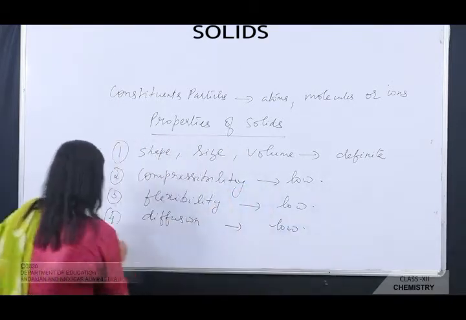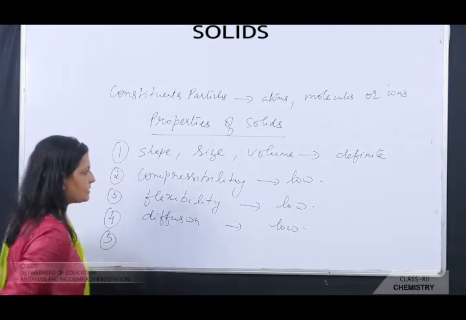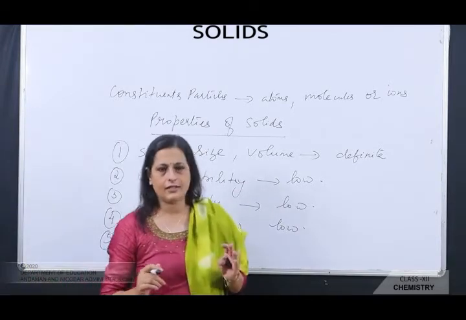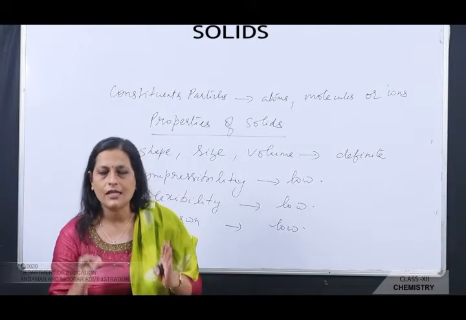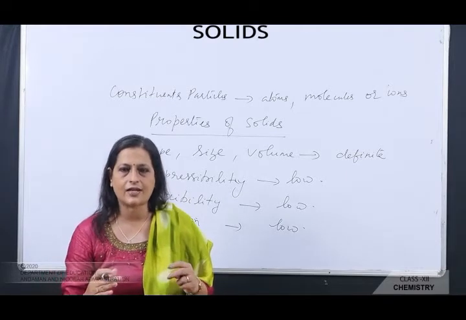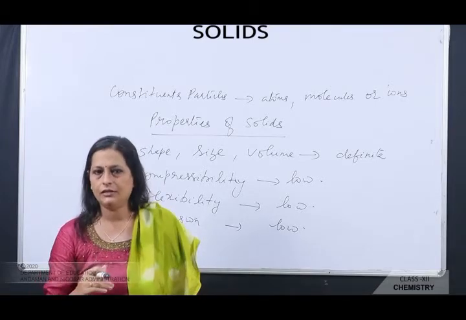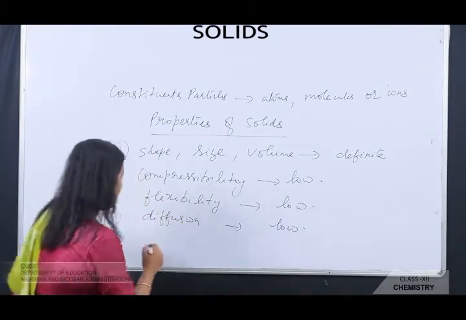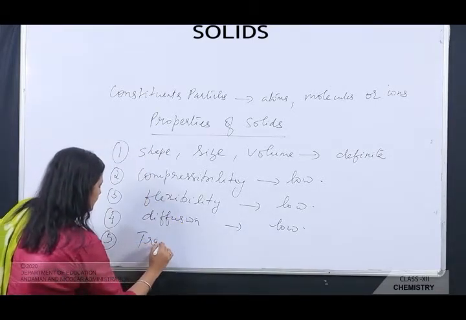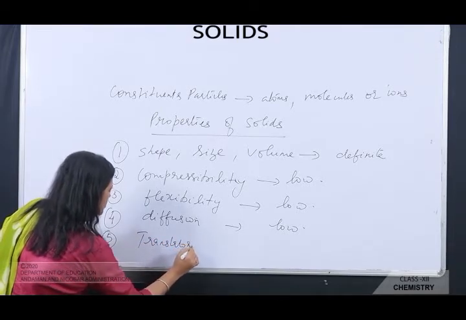Then the fifth property is, see here, in case of solids, the constituent particles are closely packed, or the intermolecular force of attraction is very strong. So tell me, is movement possible? There is no translatory motion.